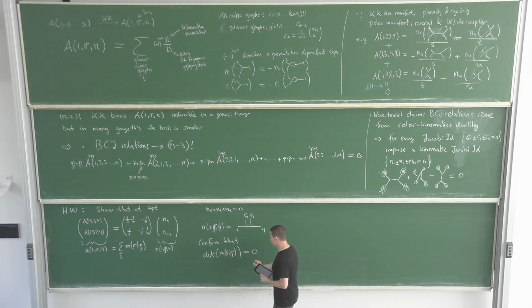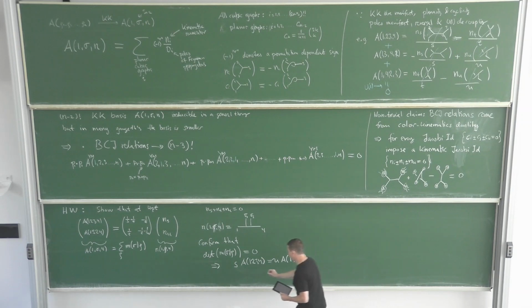So this implies that there's a relation, which is that S times this partial amplitude, 1, 2, 3, 4, is equal to U times A 1, 3, 2, 4.